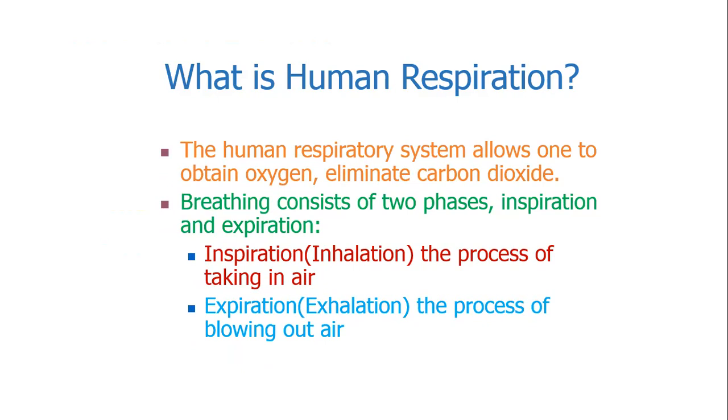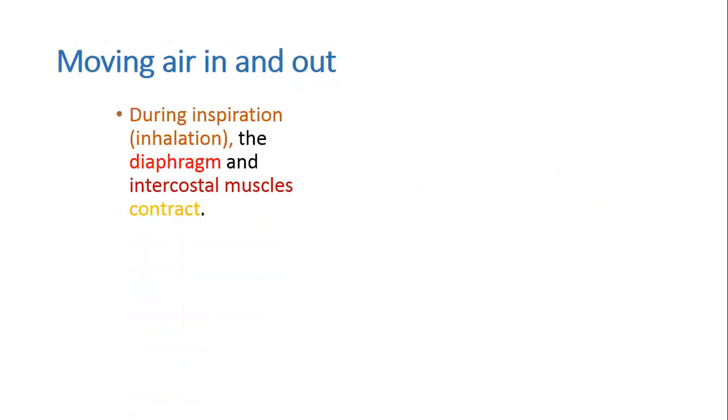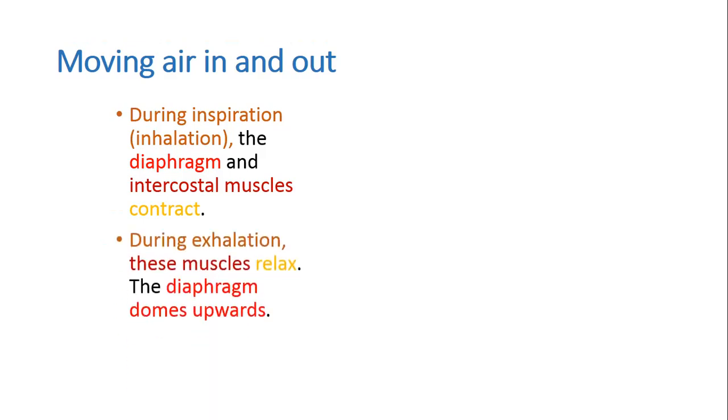Expiration or exhalation, the process of blowing out air. Moving air in and out. During inspiration or inhalation, the diaphragm and the intercostal muscles contract. During exhalation, these muscles relax, the diaphragm domes upward.